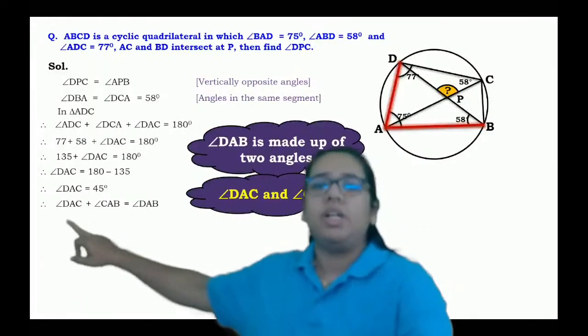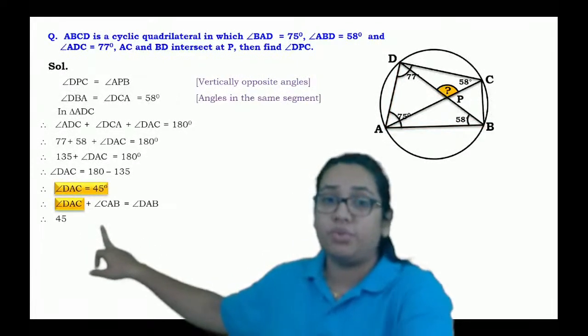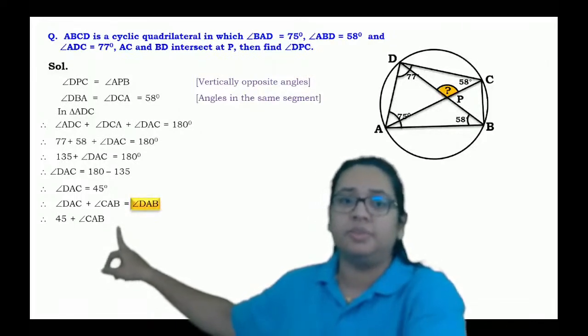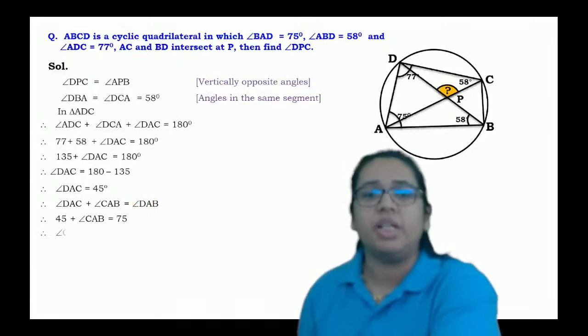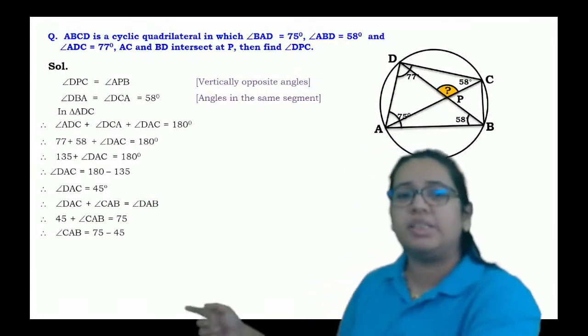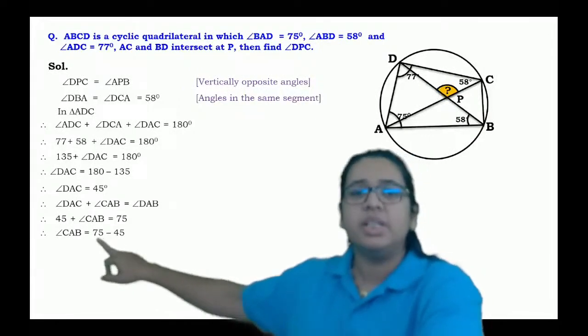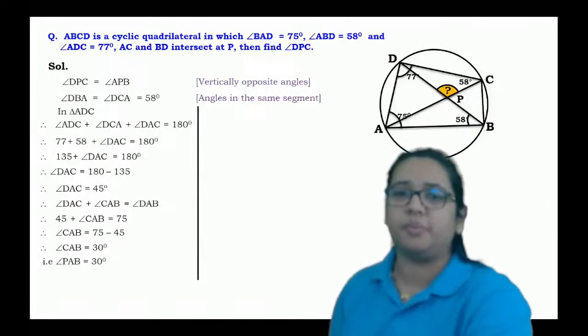So already we have the value of DAC, which is nothing but 45. DAB is given as 75. Hence, measure of angle CAB equals 75 minus 45, which is nothing but 30 degree.